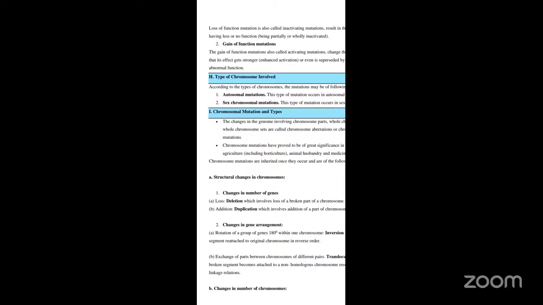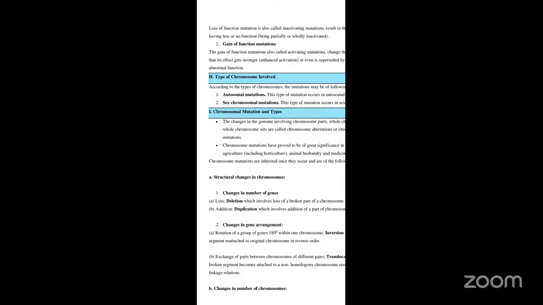Now, another category is the type of chromosome involved. Based on the type of chromosome involved, the mutations are classified into different types. Here, autosomal mutation and sex chromosomal mutation.